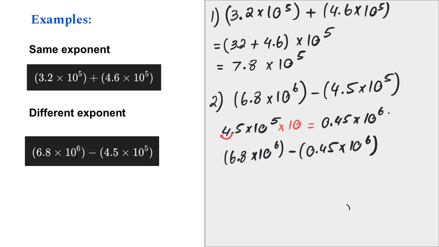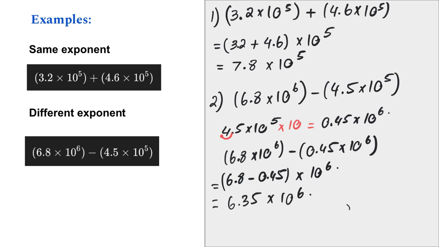Let's subtract our coefficients: 6.8 minus 0.45 times 10 to the 6th power, and the answer will be 6.35 times 10 to the 6th. So my tip here is: when the exponents are not matching, choose the smaller number and change it to match the exponents by rewriting the number.